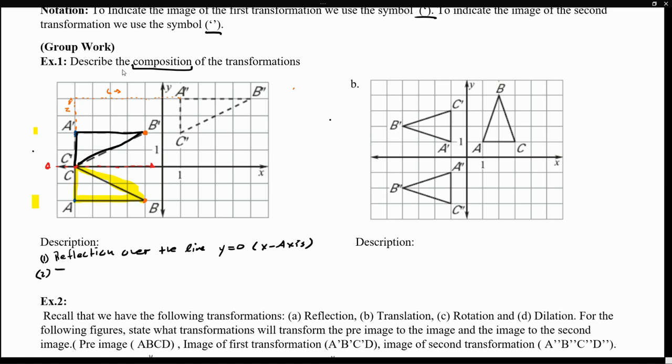And then we translated the object triangle A prime B prime C prime 2 units up and 6 units to the right.